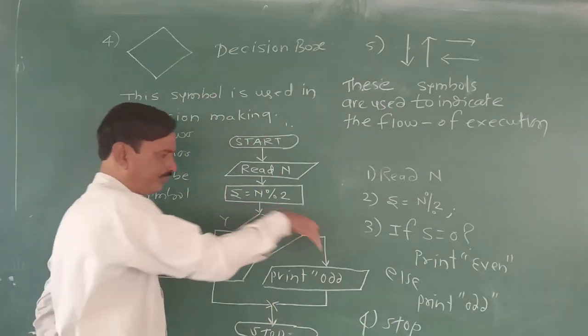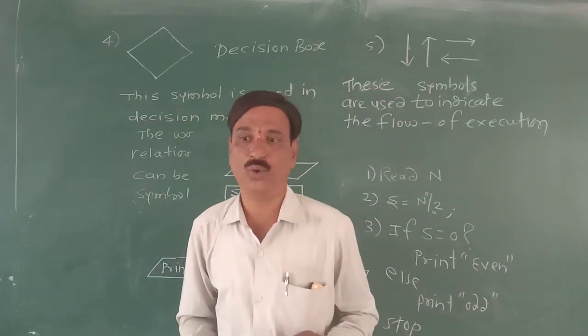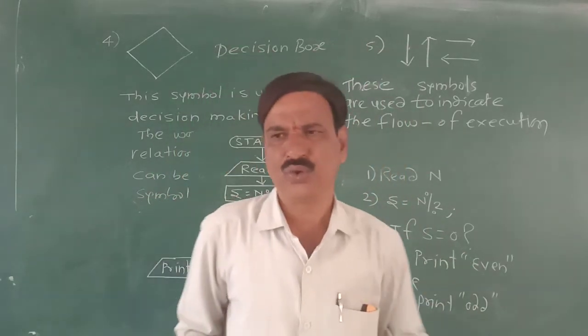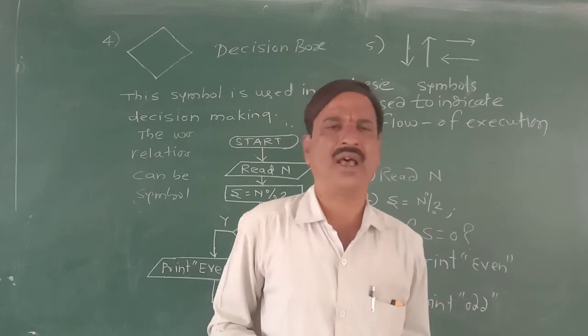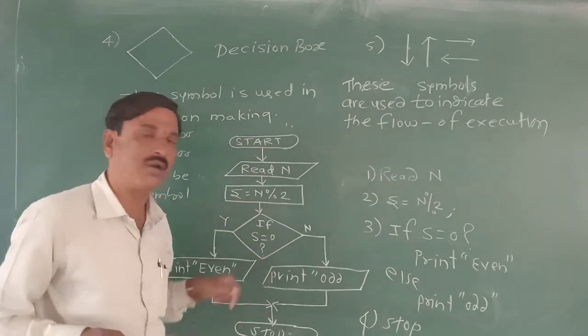You see. So today we have seen 2 more symbols. So now 5 symbols are there. One, 2 symbols are there that we still have to study. But I think today you have seen how the decision works. Thank you.